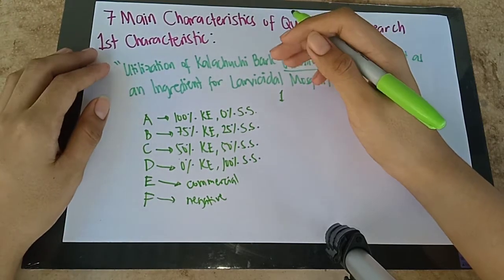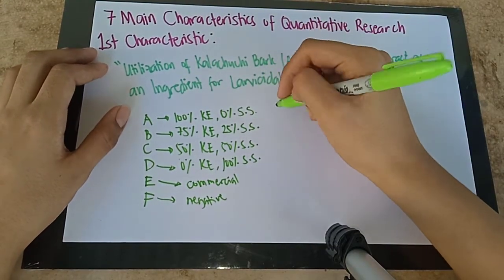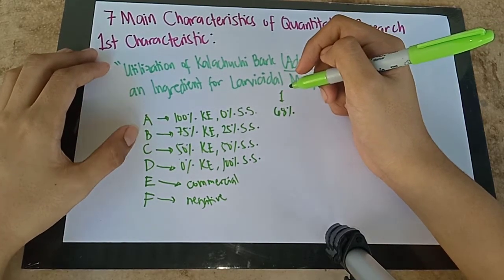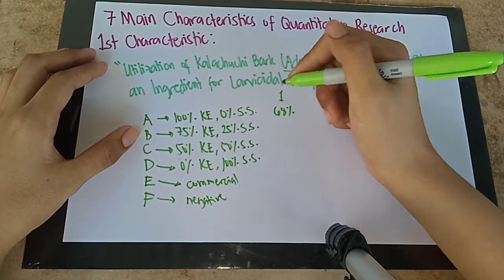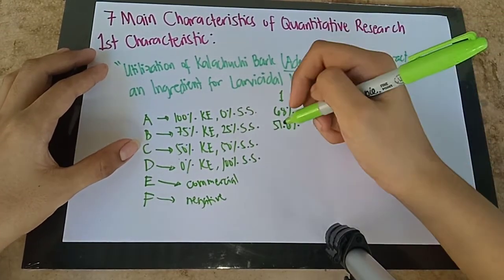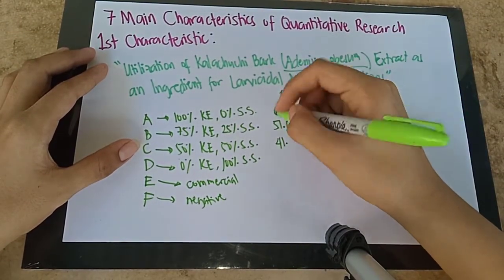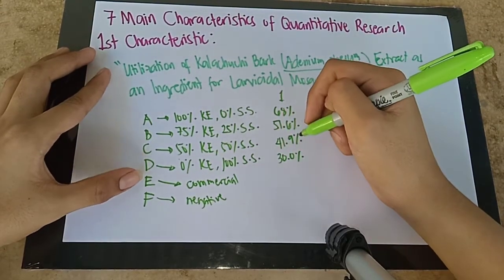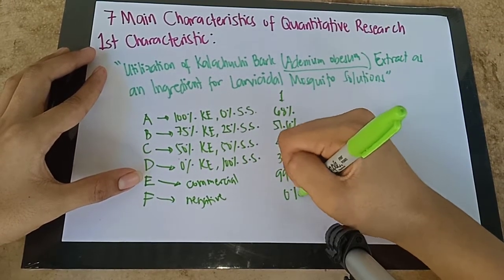So, the mortality rate in setup A is that it killed 68% of the larvae. In setup B, the mortality rate is 51.6%. Setup C gave 41.9%. Then, setup D, 30.0%. The commercial brand gave out 99.9%, and the negative control gave 0%.